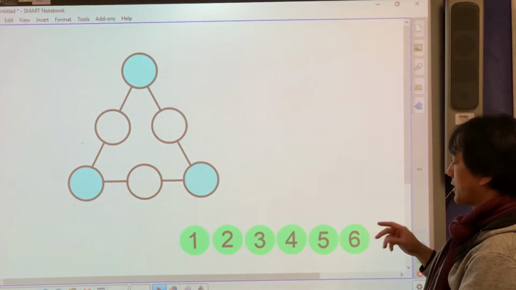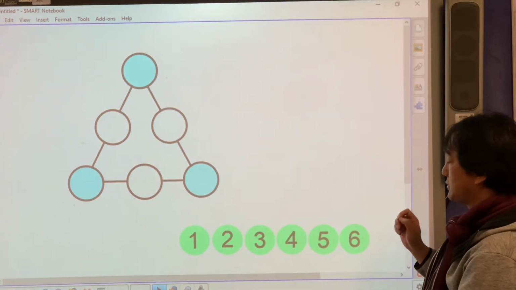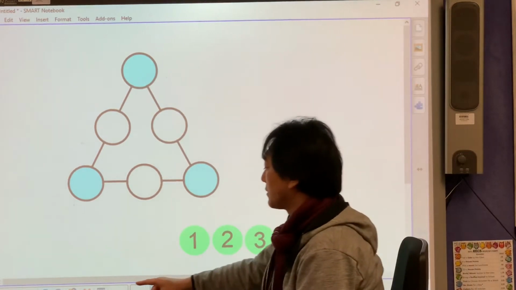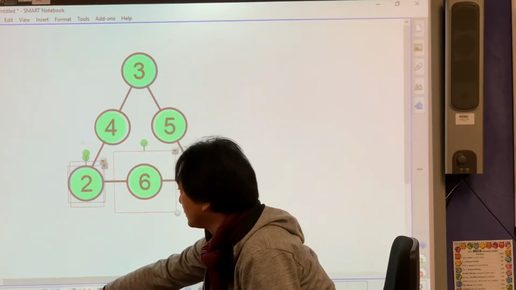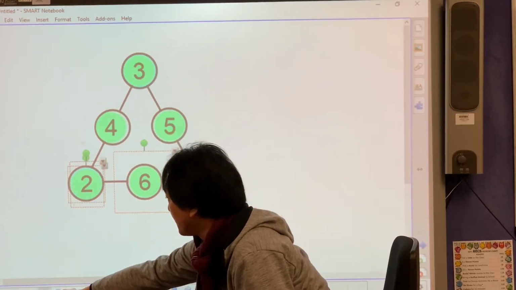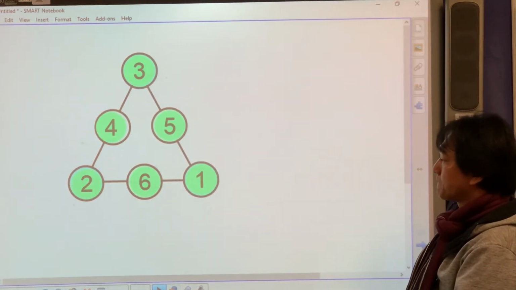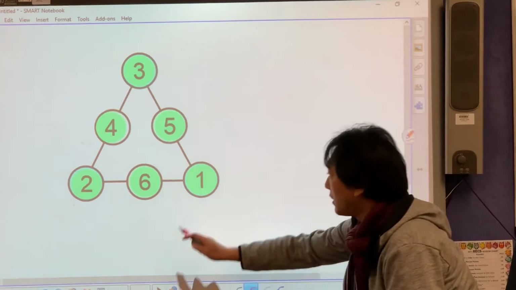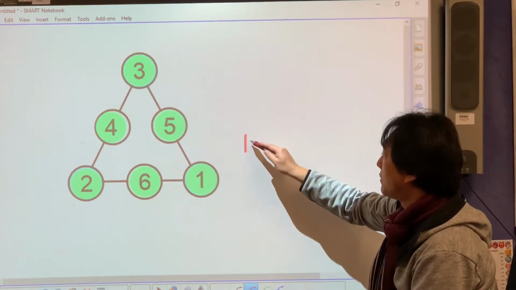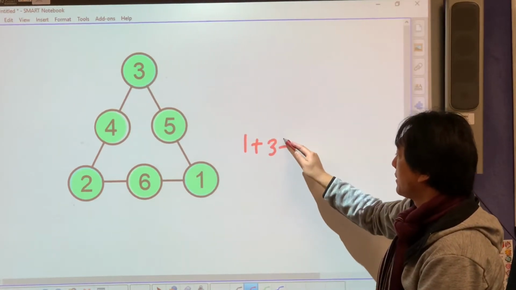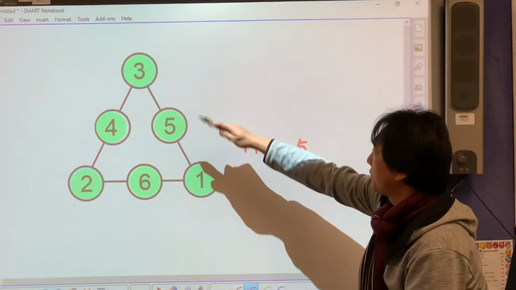So last time, if you can remember, this was one of the solutions. So in this case, I added 1, 3, then 5 here.